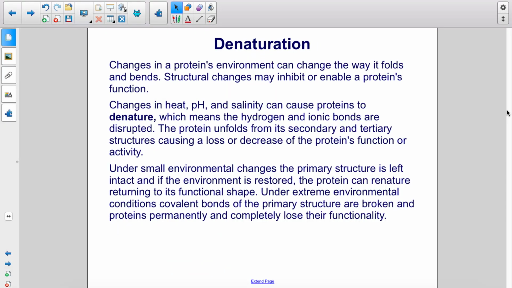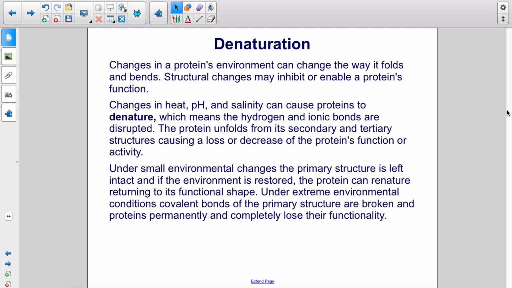Changes in a protein's environment can change the way it folds and bends. Structural changes may inhibit or enable a protein's function. Changes in heat, pH, and salinity can cause proteins to denature, which means the hydrogen and ionic bonds are disrupted. The protein unfolds from its secondary and tertiary structures, causing a loss or decrease of the protein's function or activity.